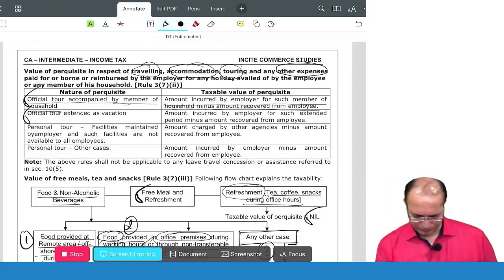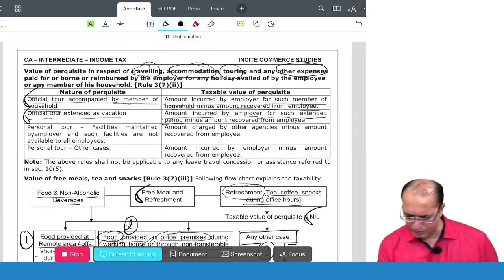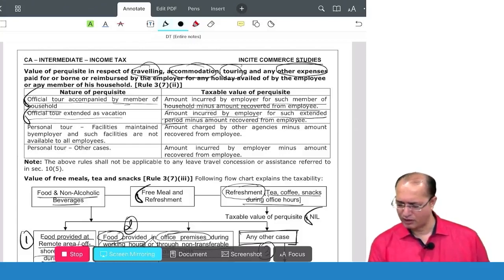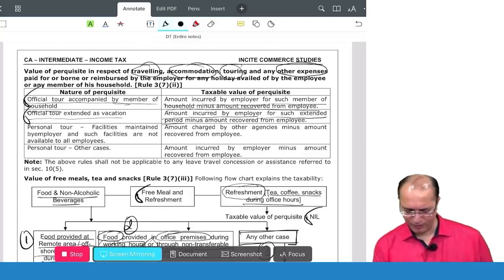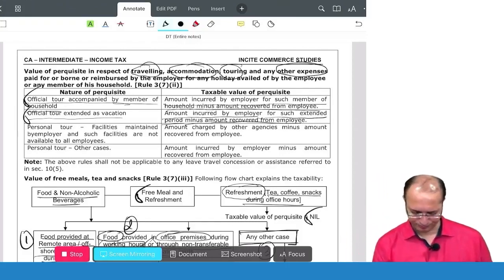Second possibility: the official tour is extended as a vacation. In that case, the taxable value of the perquisite is the amount incurred by the employer for such extended period, in our example Saturday and Sunday, minus the amount recovered from the employee.